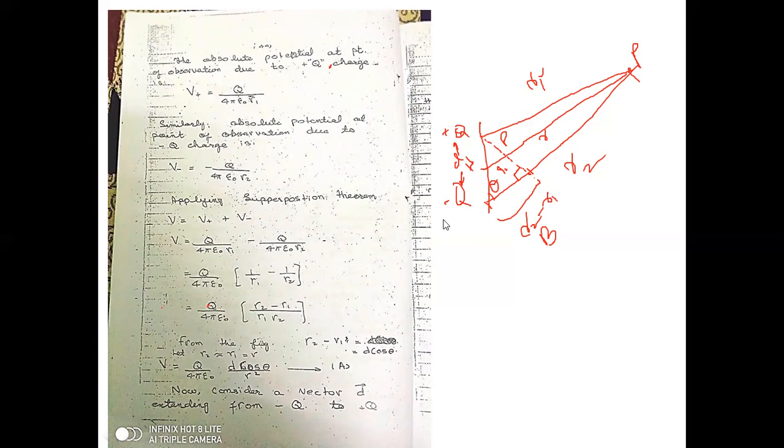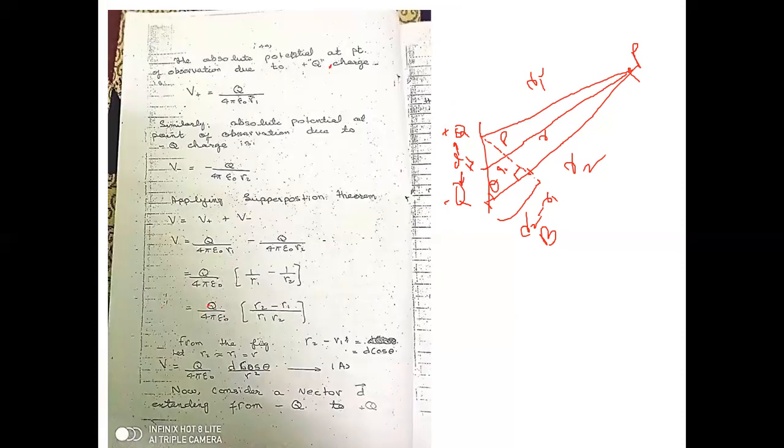As these two add up, because it obeys the superposition theorem, V net will be equal to V plus plus V minus.